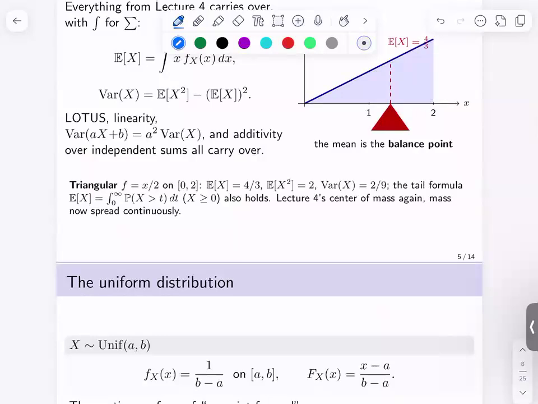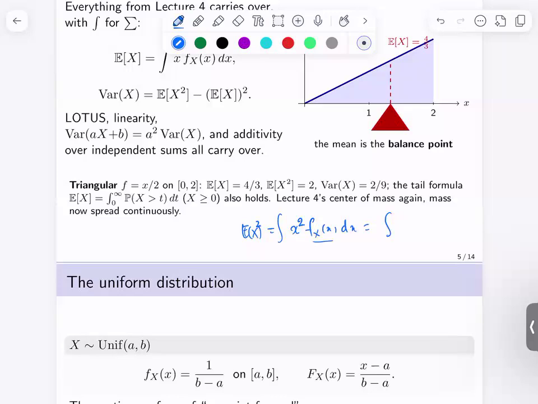Okay. I'll leave calculating the variance of this distribution to you. You basically have to integrate. We can compute the expectation of X squared, which is going to be the integral of x squared times f_X(x) dx.